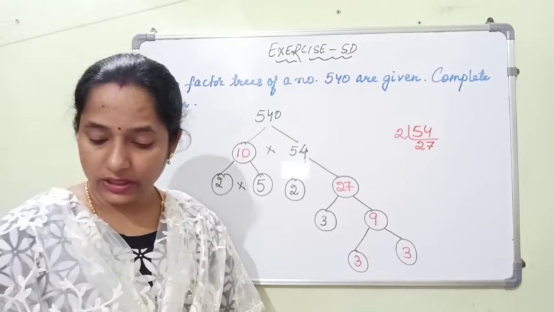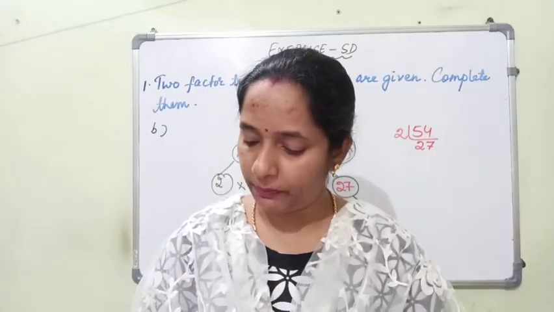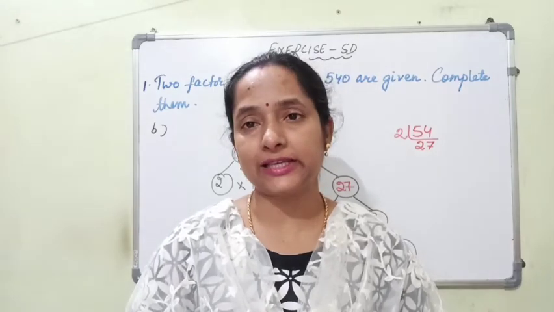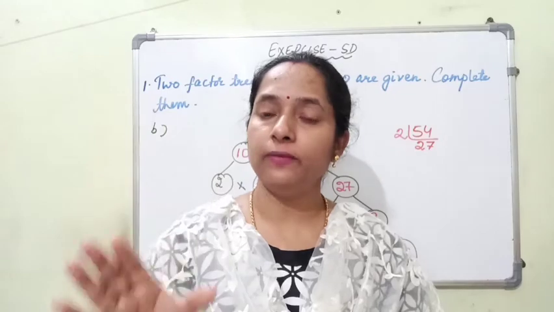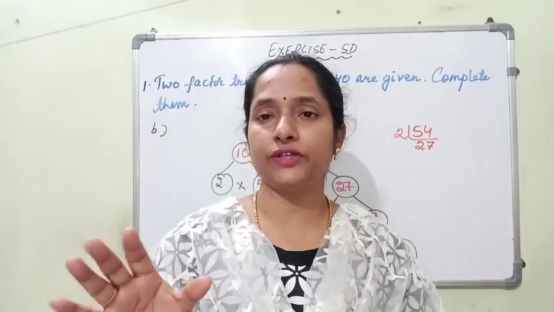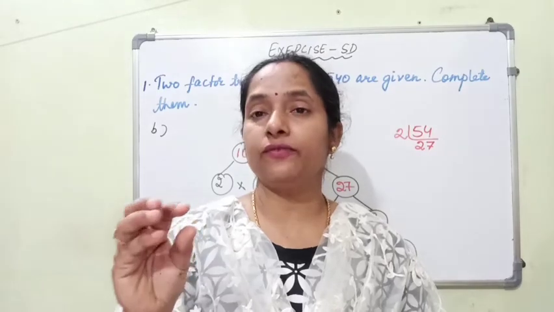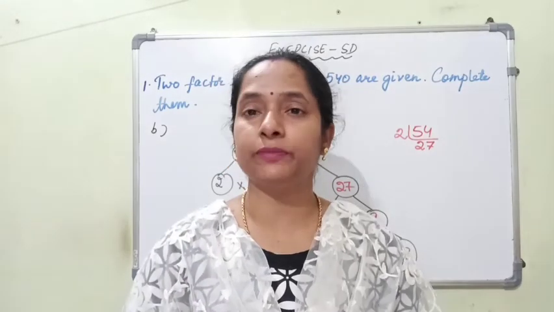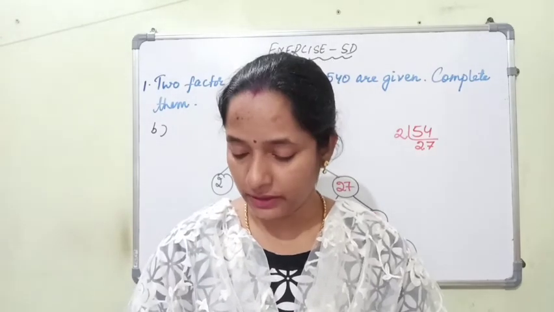Next we have question number 2: fill in the boxes to complete the division method of prime factorization. In question number 2, you are already given how to do the short division. Everything is given, but there are a few blank spaces, and in those blank spaces you have to fill in some numbers.